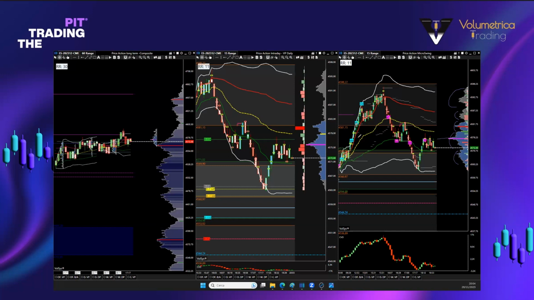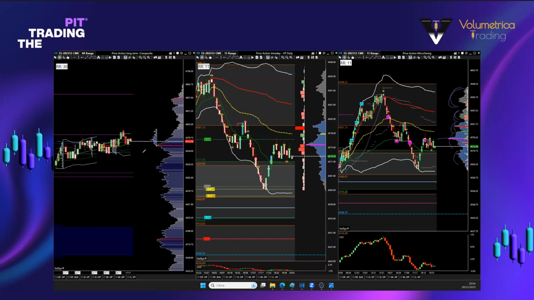What does that mean? Normally, the multi-distribution profile represents a trending day. In fact, today we started the session with a strong, nice up move.